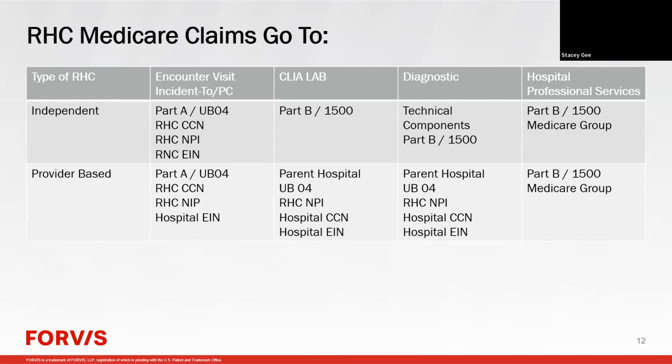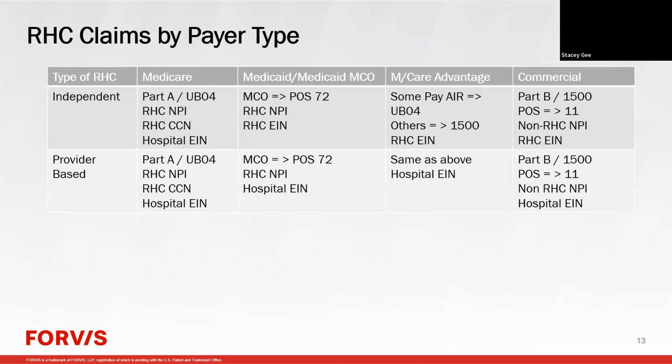So if we look at the next slide, it's a little bit different based on your payer type. And again, it's driven by if you're an independent or if you are a provider-based clinic.